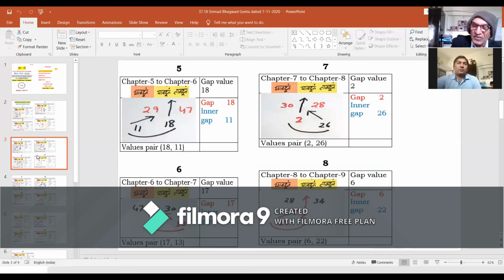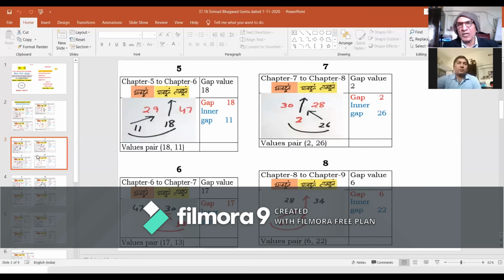This organization format feature deserves to be comprehended well. One shall sit comfortably and sequentially imbibe these format feature values of organization of gaps and inner gap values of the consecutive chapters of Srimad Bhagavad Gita.